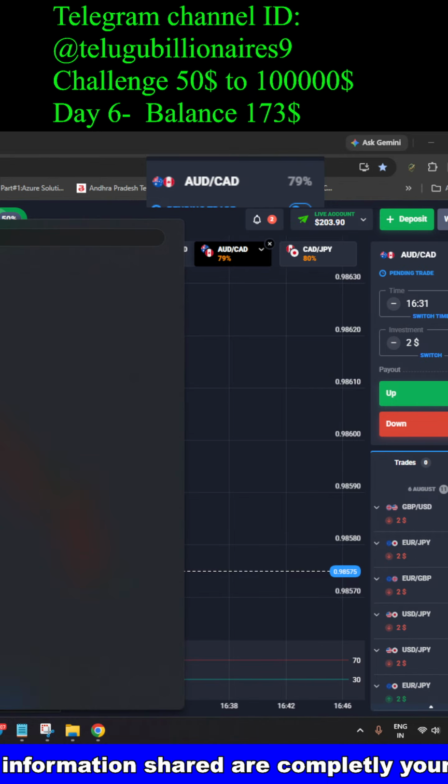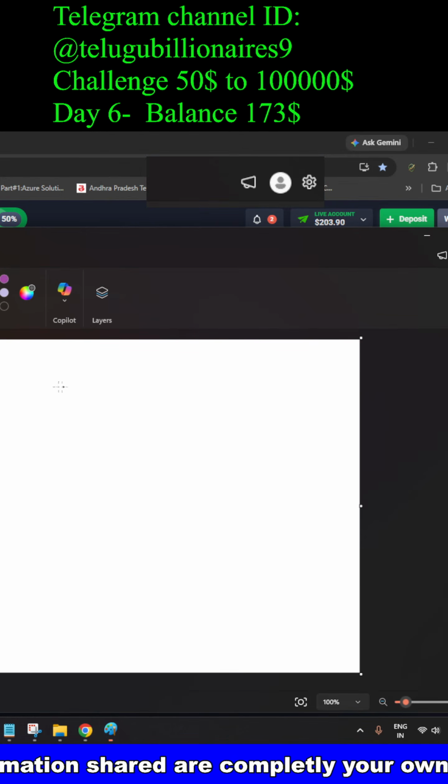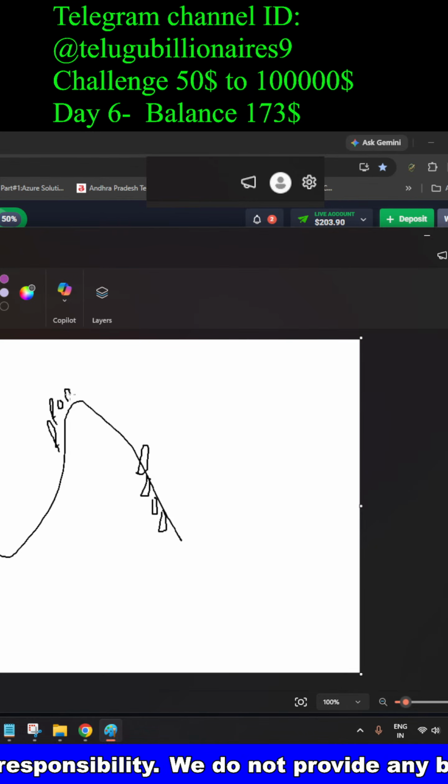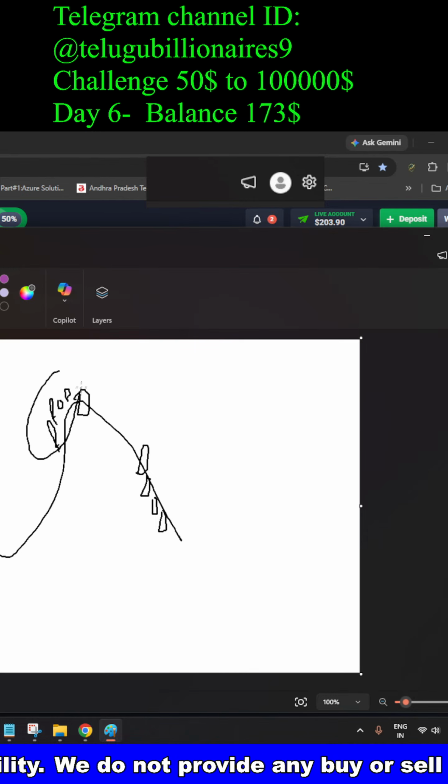Okay, I'll tell you. I'm expecting the market to go up and down like this. If the market is trading here, there is no setup. Even if one green candle closes like this, no. If the market is making green candles and red candles, it means the market is in an uptrend.